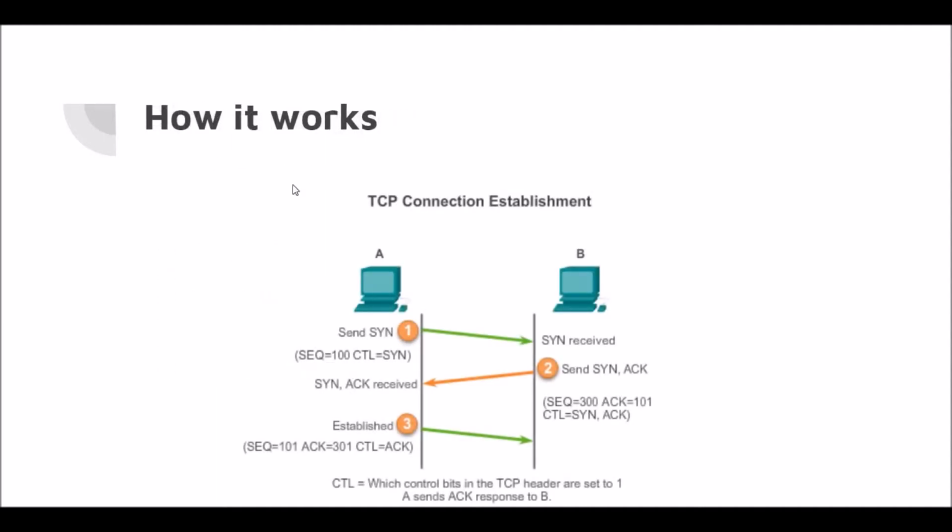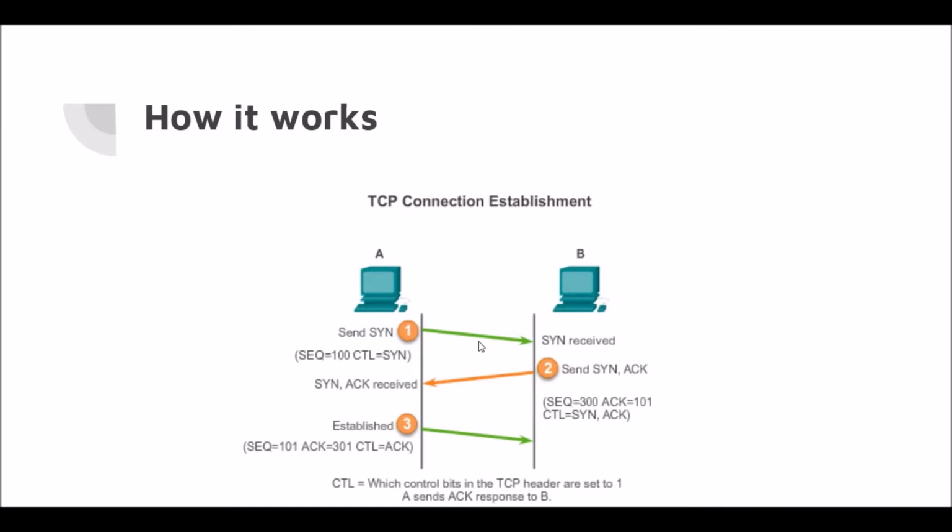Okay, so here's how it works with a TCP connection. Computer A, which is the client, wants to talk to the server, so it sends a synchronization. I'm just going to call it data for right now. You don't need to know the difference between bits, packets, frames, and segments, but if you're curious, look up the OSI model.